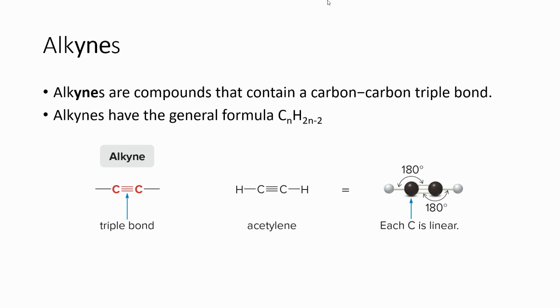In welding, they use an acetylene torch. So that's the smallest one. If we have a carbon next to a carbon-carbon triple bond, we have a carbon bonded to this carbon, and we have a hydrogen bonded to this carbon. It only has 2 groups, so this is always a linear part of the molecule. So an alkyne, the triple bond around that is linear.